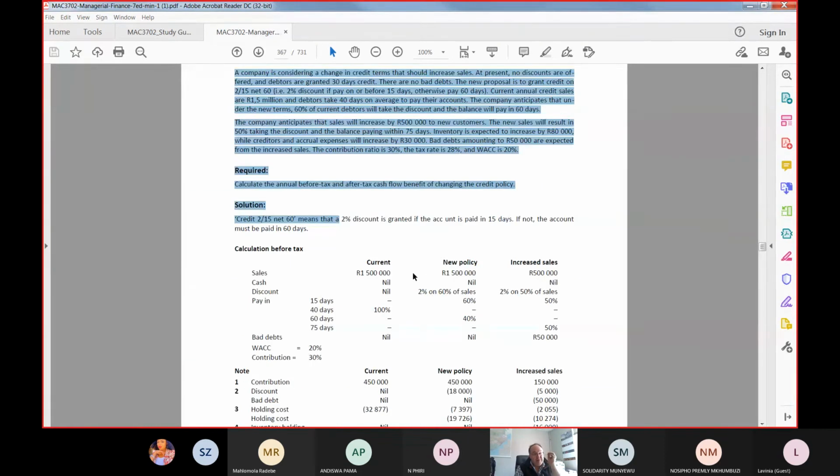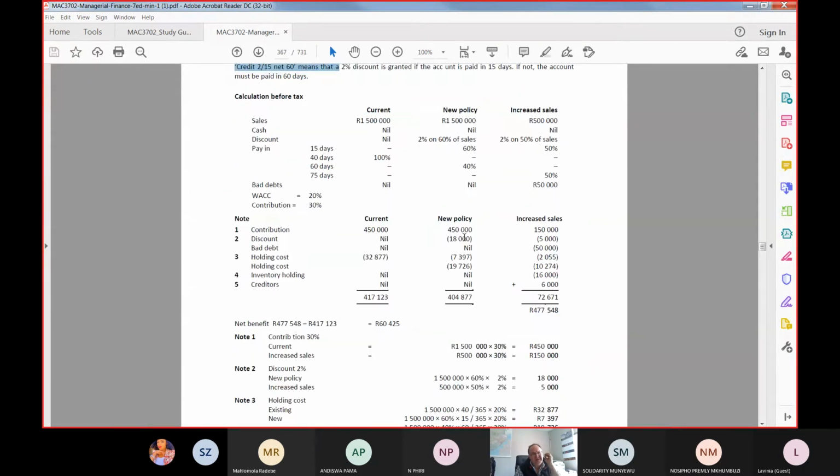Remember the non-financial factor questions that they're going to bring about here, because there will be discussion questions. If they give you a number crunching question like this, they're going to say to you, what impact will it have on the business if you decide to take the 2% increase in sales, an increase in sales of 500,000? The one impact is capacity, that you have to talk about.